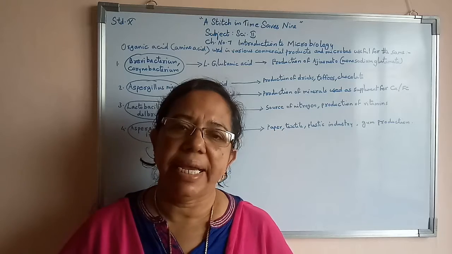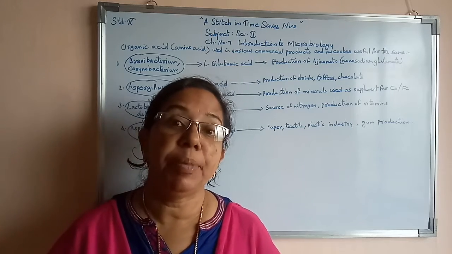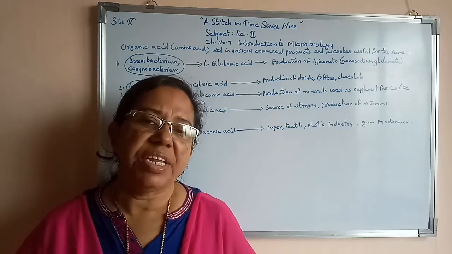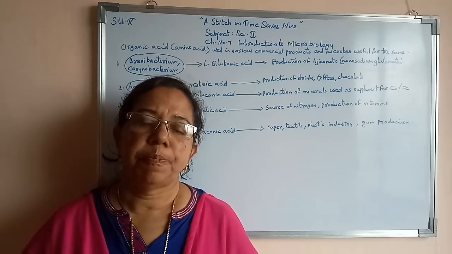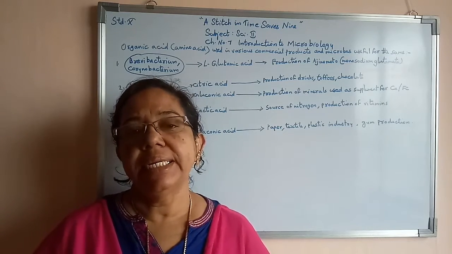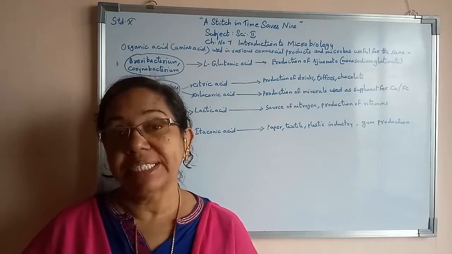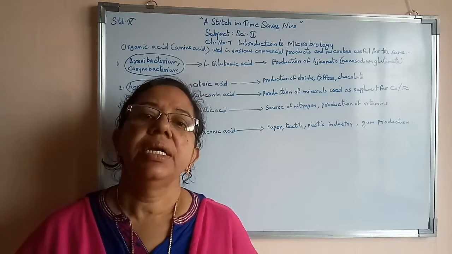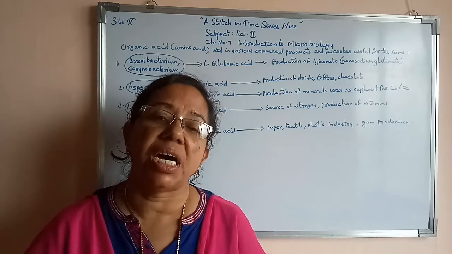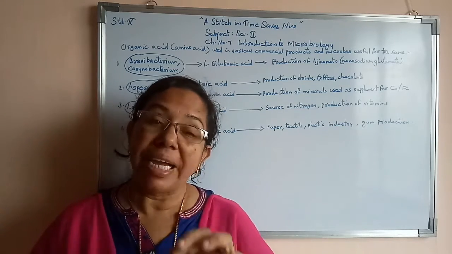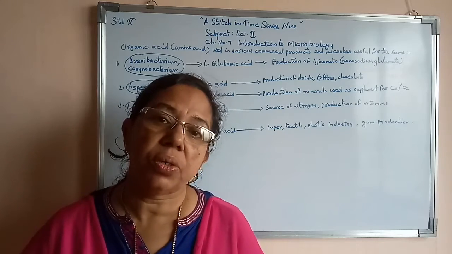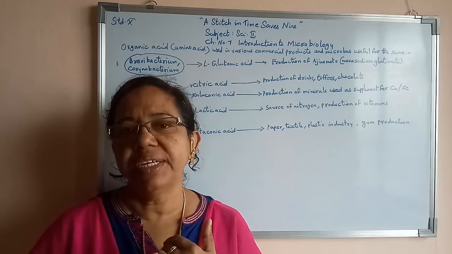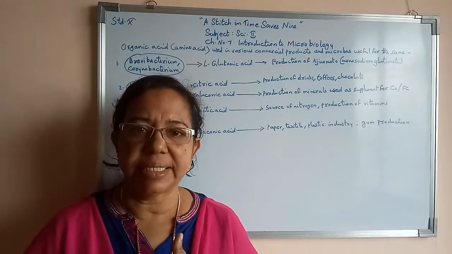Various organic acids, or amino acids, are used for the production of various products. For the production of various organic acids, various microbes are also used. Microbes means microorganisms. So now we are going to study various organic acids.